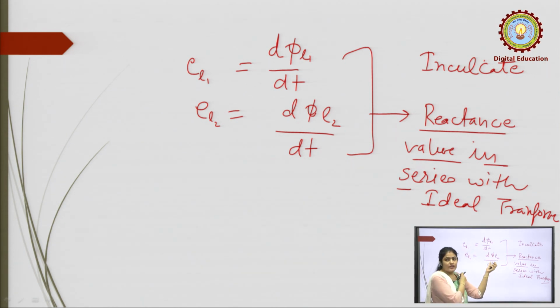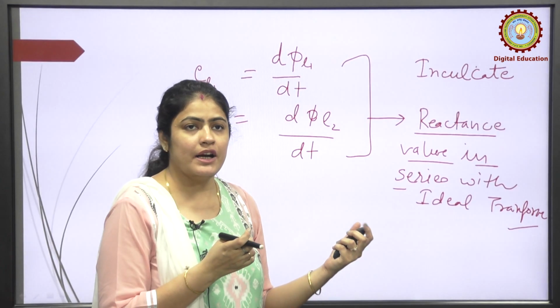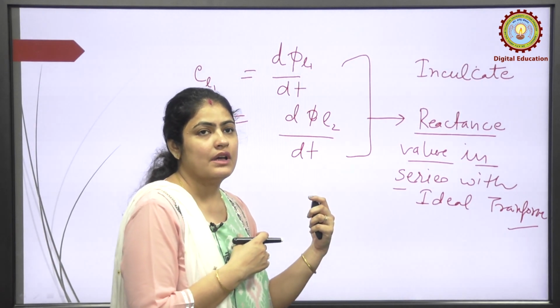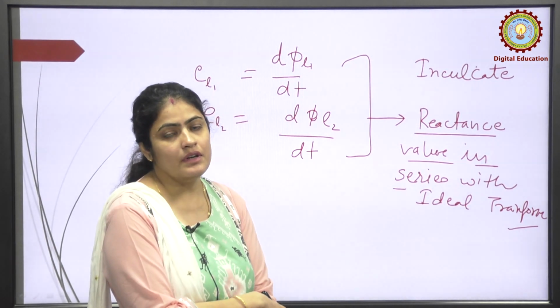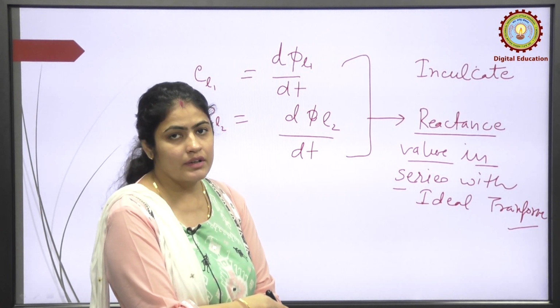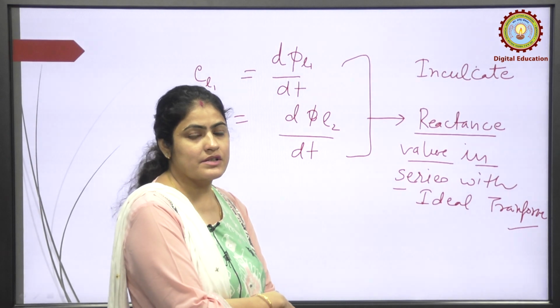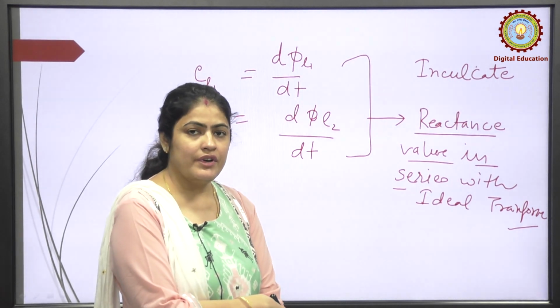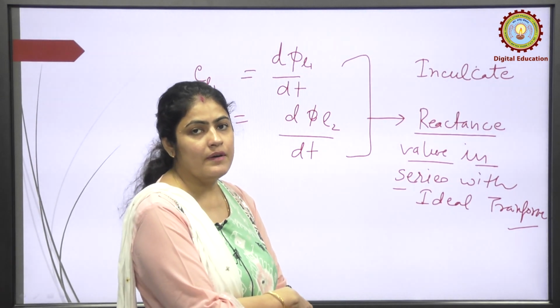Due to the resistance also the voltage drop takes place, and due to this leakage flux the voltage drop takes place in the primary as well as the secondary winding. If the secondary winding is loaded, then there is a voltage drop across the resistance and the reactance, and if it is no load, it is present on the primary side.